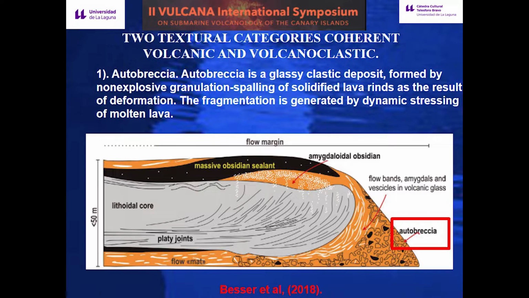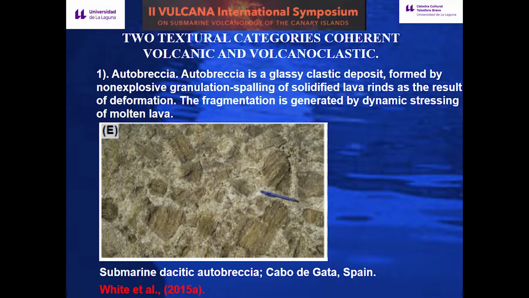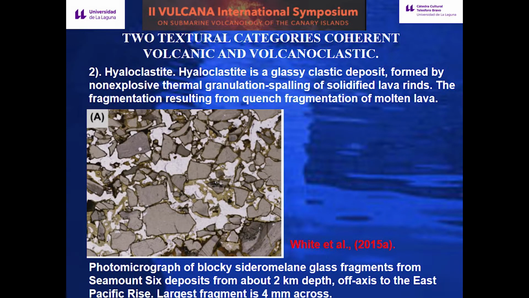Autobreccia is a glassy clastic deposit formed by non-explosive granulation spalling of solid lava rind as the result of the deformation. The fragmentation is generated by dynamic stretching of molten lava. Here you can see another type of autobreccia, the submarine dacitic autobreccia from Cabo de Gata in Spain.